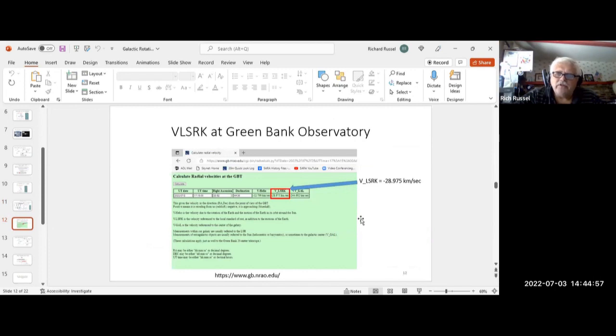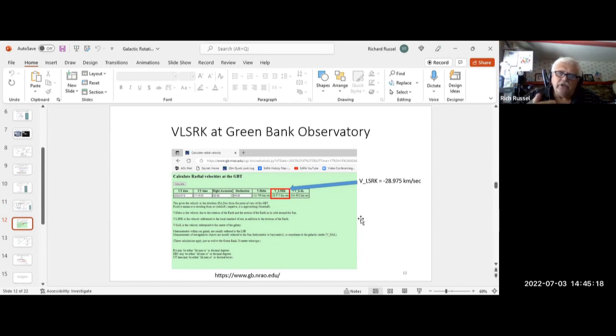And even Alex probably explained this better than me. The Earth, and the Sun, is actually moving toward the galactic center at a certain rate, or actually moving toward the object you're looking at at a certain rate.